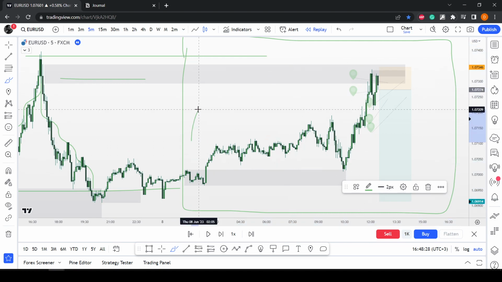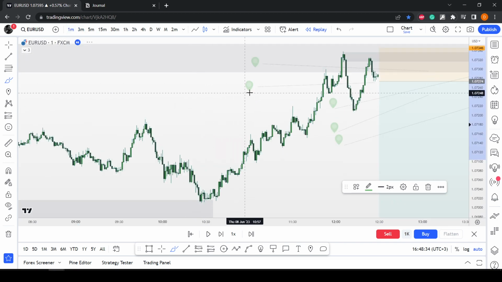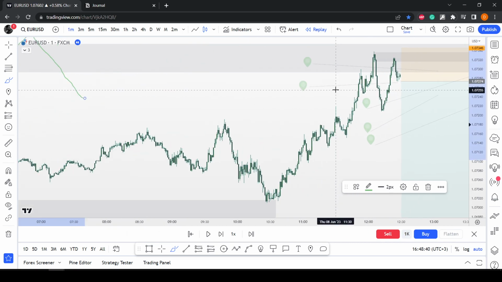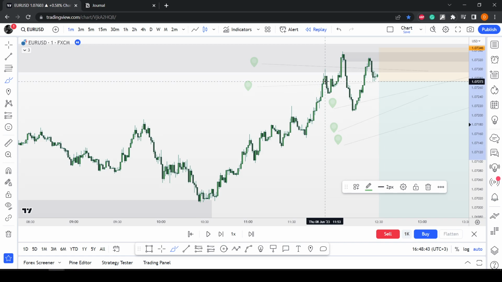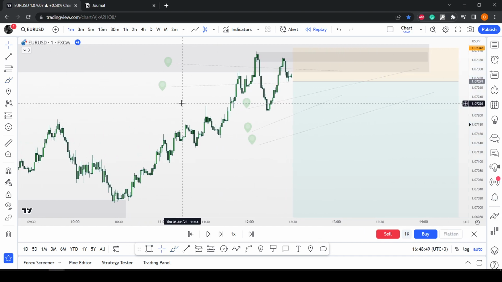We are moving up, up, up, up, and then one shift to the downside, as you can see on 1 minute. One shift to the downside on 1 minute after up, up, up, and down. What is that? This should be treated in isolation as a reaccumulation, so a bullish model.